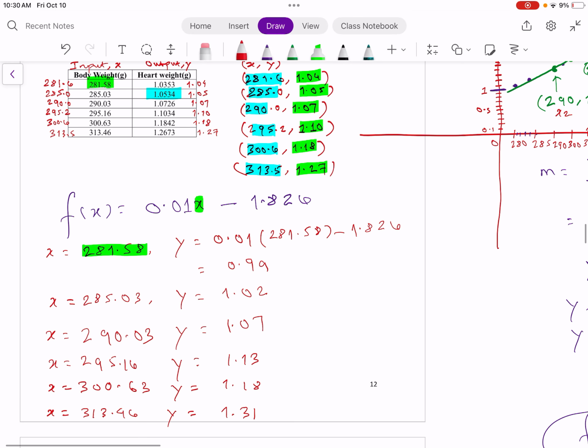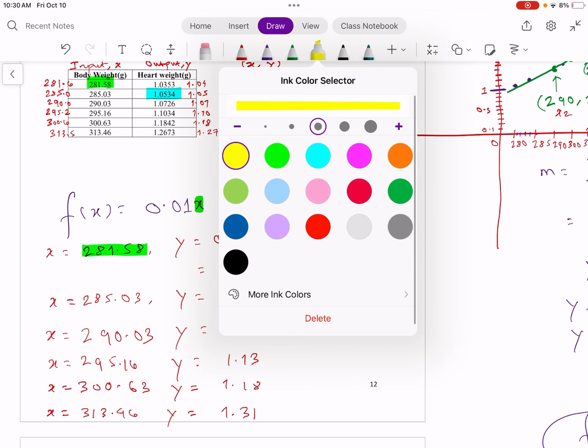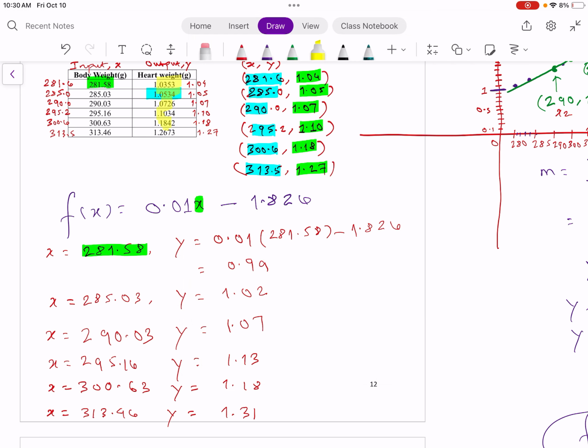Now here we have the new heart weight for these rats. What is the difference between this data and this data? We already have the heart weights for these rats.